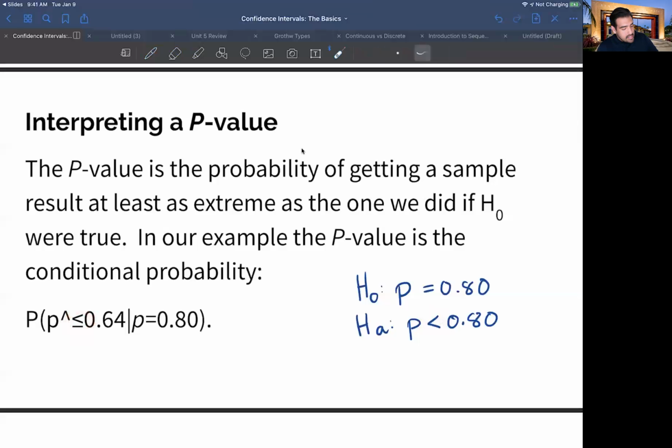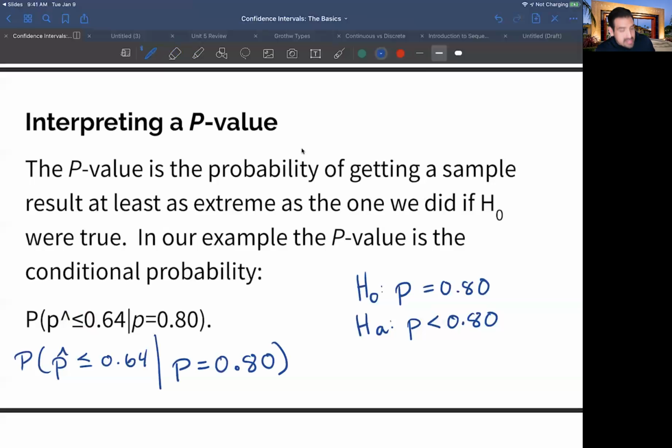So I want to say the probability that I collected a sample of what I actually got, or smaller. Maybe it was 60% accuracy. Maybe it was 20% accuracy. The probability of getting the sample I got or less, given that the true population parameter is 80%. Here's that conditional probability. The probability of what I got or more extreme, given that the claim was true.